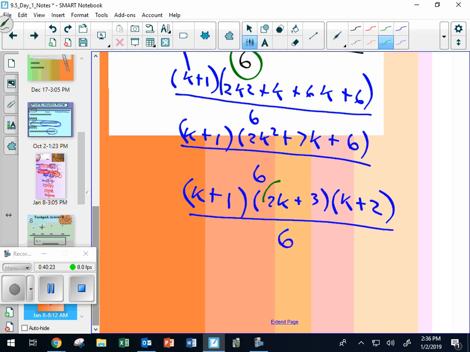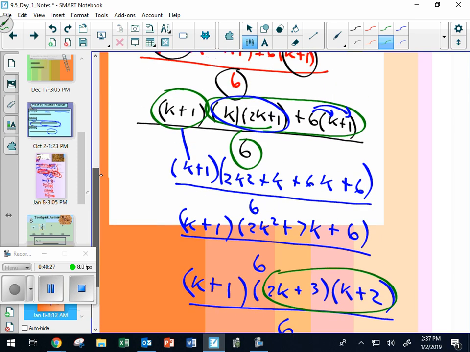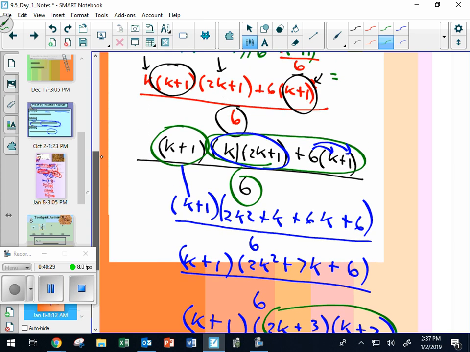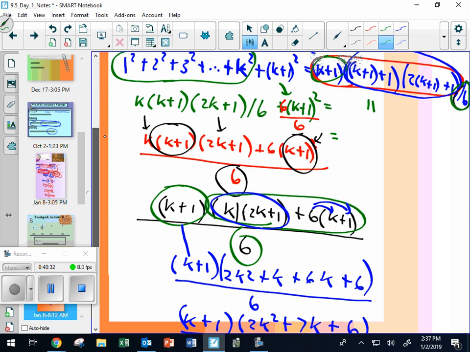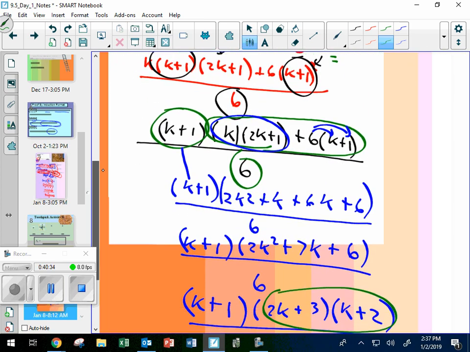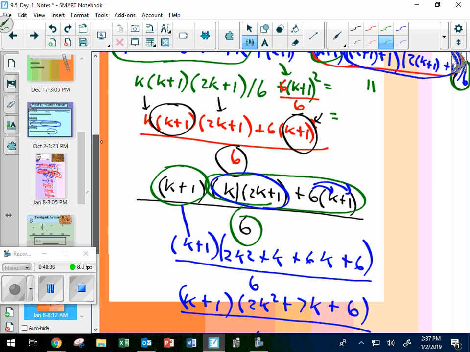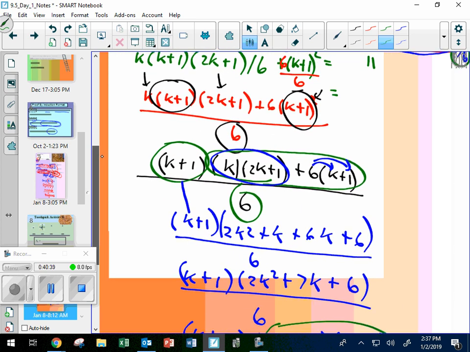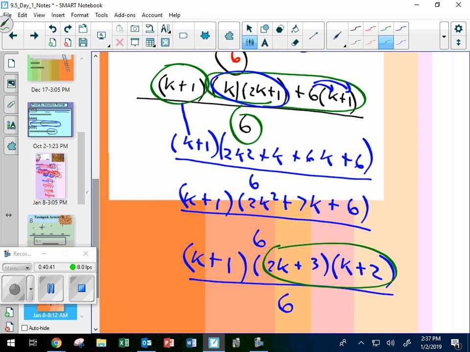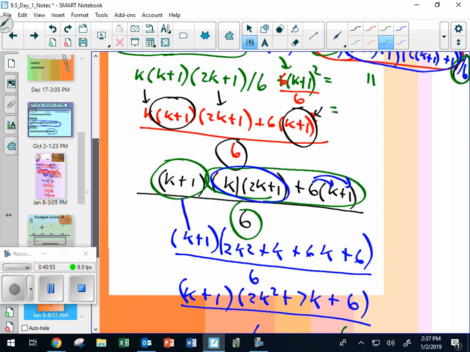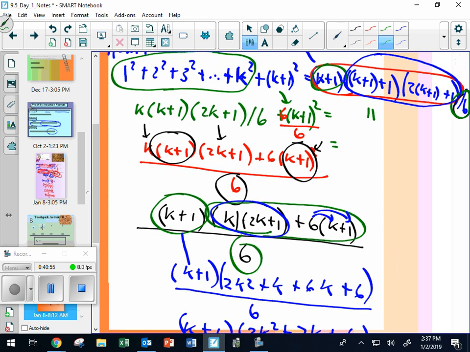And then this part here needs to become, I got the k plus 1 over 6 separated. That needs to become that. So now, would you agree that k plus 2 could be changed into k plus 1 plus 1? K plus 1 plus 1 is the same as k plus 2, isn't it? And that's that.